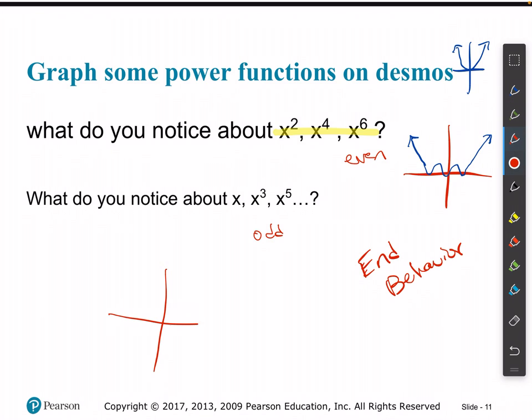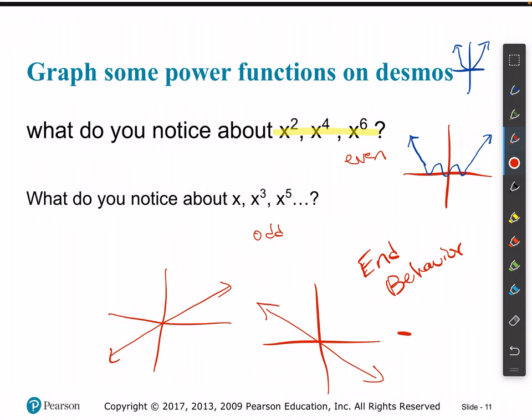For the odd functions, however, if you had y equals x, we start in one direction and we end in the other. The same is true for x to the third, x to the fifth. Any odd power will start in one direction and end in the other. If it's positive, it'll go up from left to right, and if it's negative, like negative x, it'll go down from left to right.